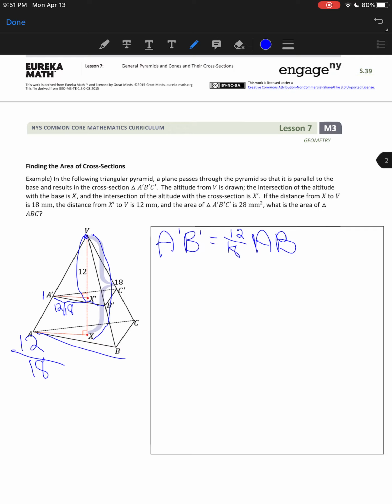Another thing to point out is that if you take this side AB as the base, and you imagine the heights of both triangles, they would also be proportional. The height of this top triangle would be 12/18 the height of the bottom triangle.